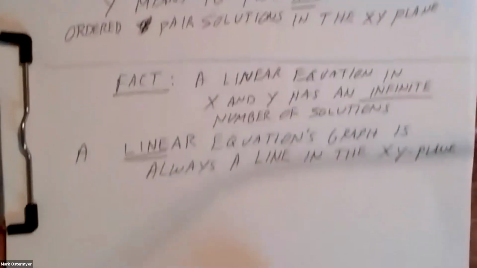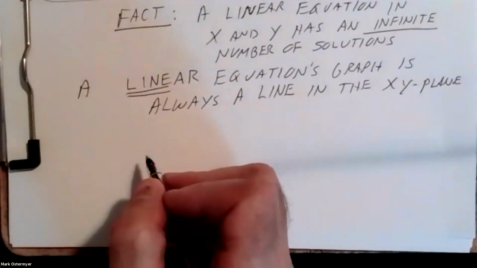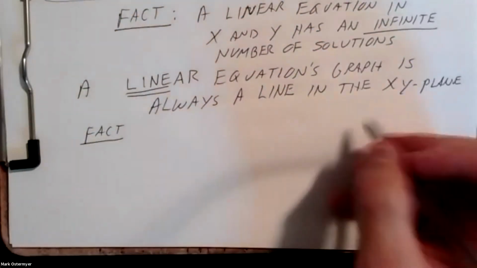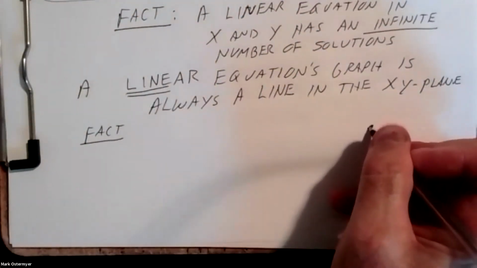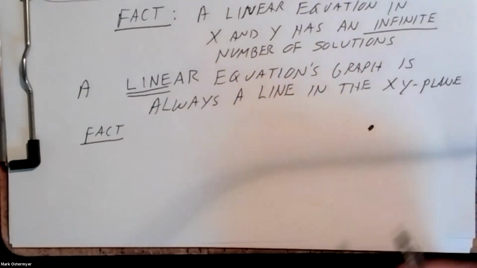So I have a question for you. Since we know it's a line graph, how many unique points do you need in the XY plane to determine a unique line? Anybody? If you have 1 point plotted in the XY plane, is that good enough to determine a unique line that contains that point?